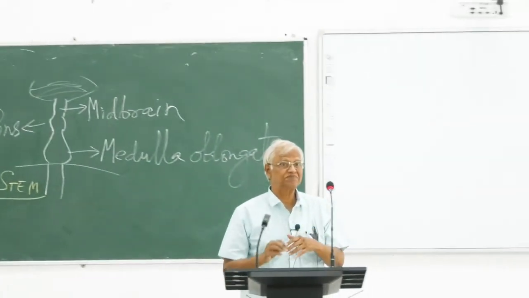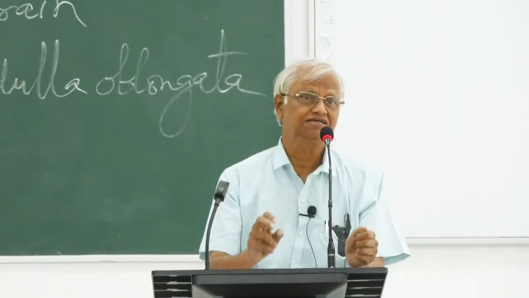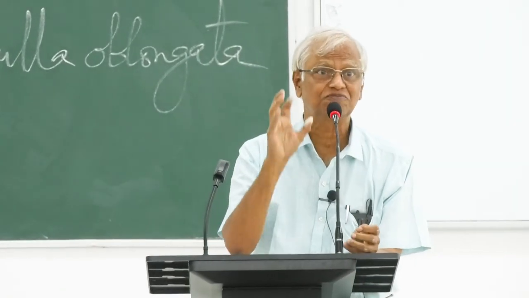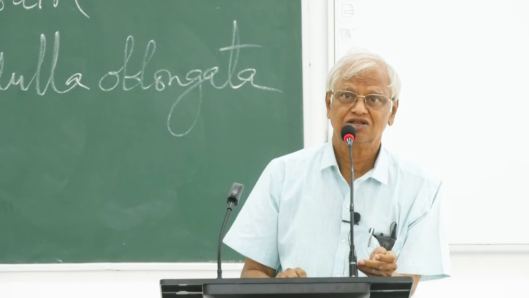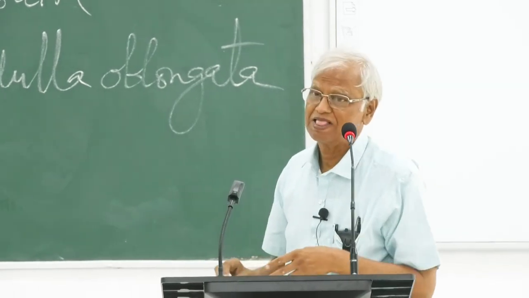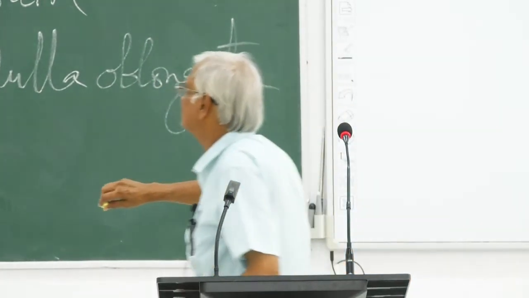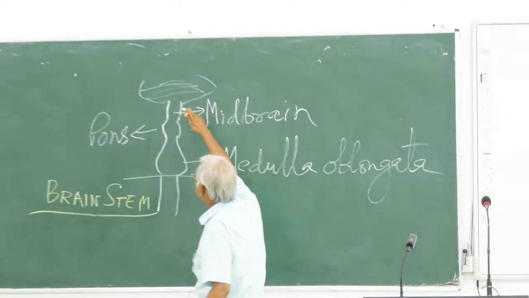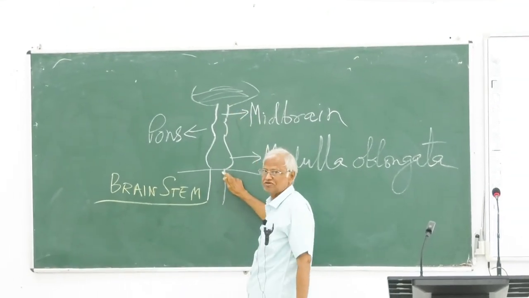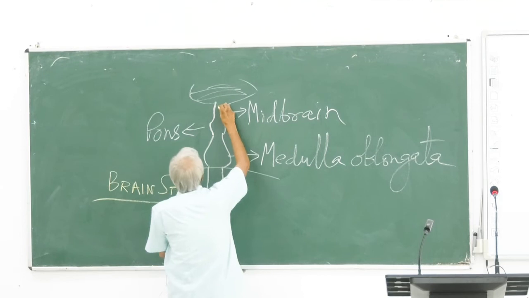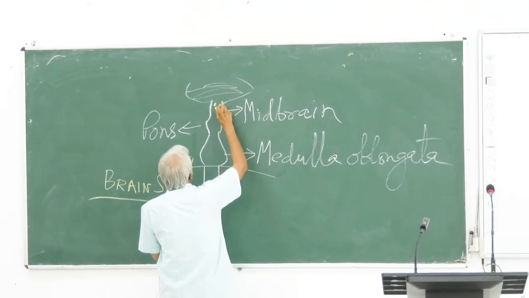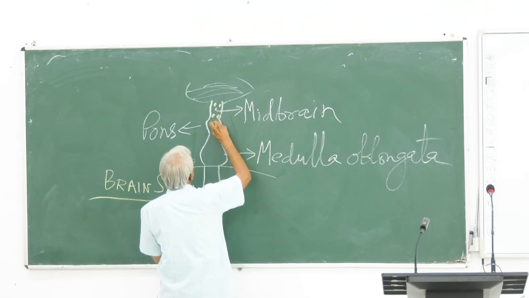In the brain stem, lots of nuclei. Nuclei means clusters of nerve cells. Lots of nuclei are present from the upper border of the midbrain to the lower border of the medulla oblongata, in a diffuse, scattered manner.